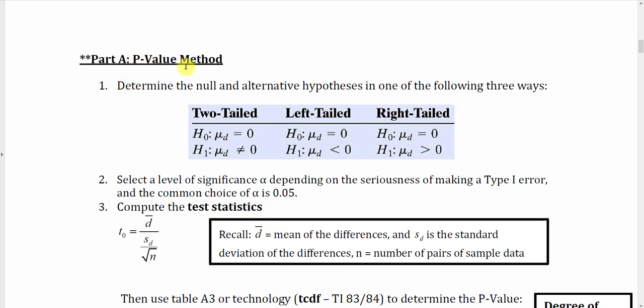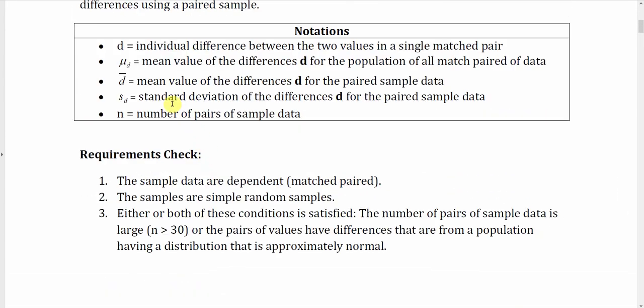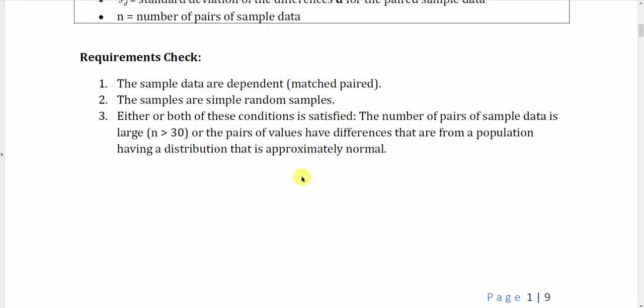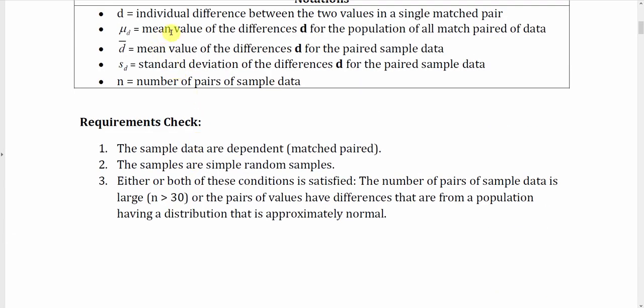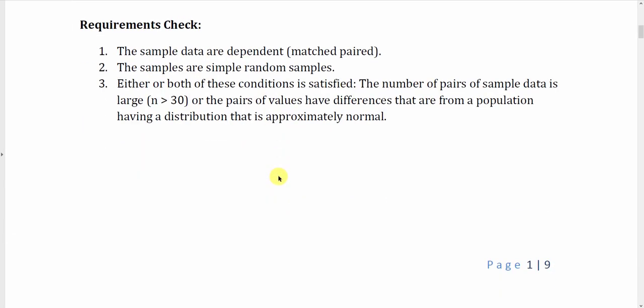Before doing any of the testing, make sure we determine the correct null and alternative hypotheses. There are always three cases: the two tails, the left tail, or the right tail. For the null hypothesis, we assume that mu D, the mean of the differences D, is 0.